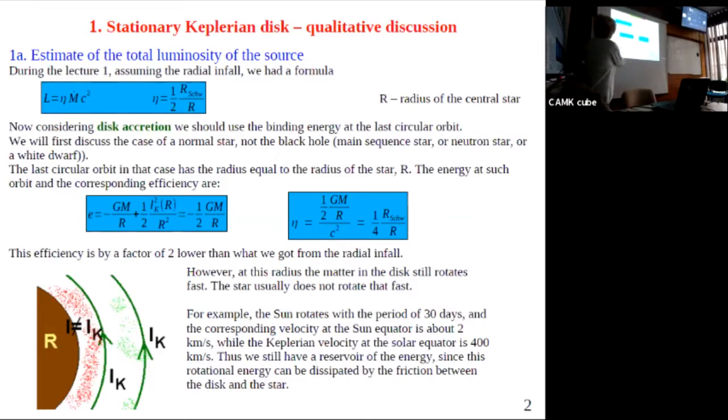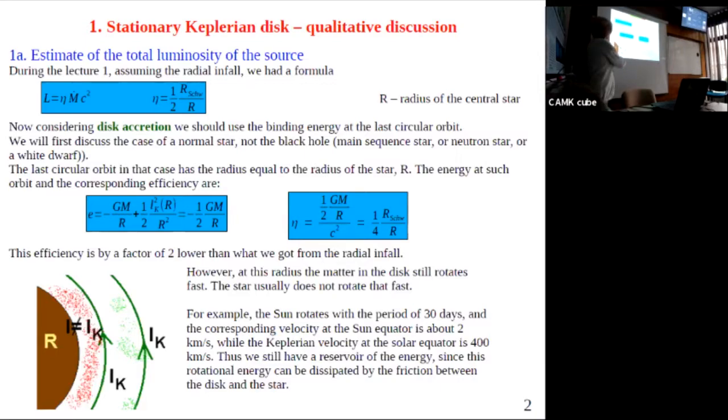Now, if we consider that Keplerian orbits approach the star, then the binding energy at the stellar surface in Newtonian approximation, or close to the stellar surface, would be like this. So then the total efficiency is actually a factor 2 lower.